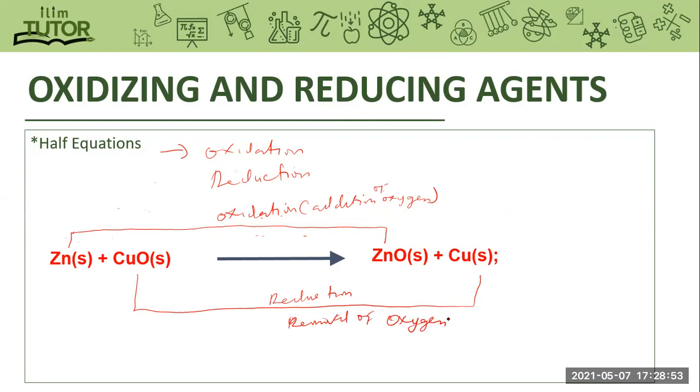So after you have established this, maybe I just want to confirm, because if I see another question where there is no oxygen at all, then I still want to know if there is oxidation or there is reduction. So I can still look at other definitions. Take, for instance, what is the oxidation state of zinc here?